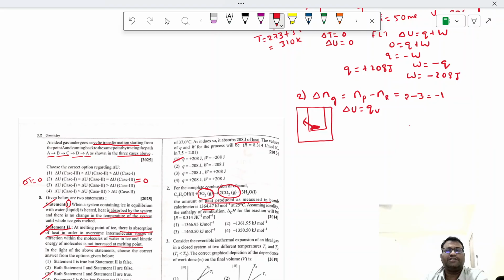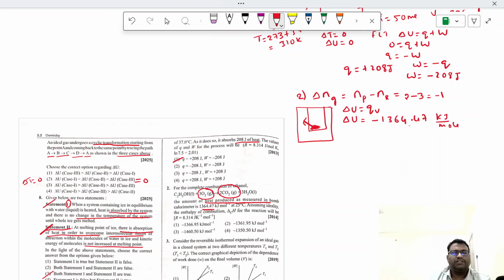Heat energy released at constant volume is equal to delta U. As heat energy is released, we take it as a negative value. So delta U is equal to minus 1364.47 kilojoule per mole, right? So this is delta U given.